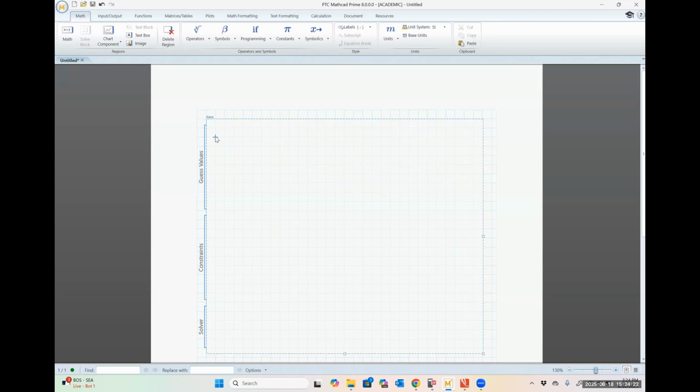So I'm just going to type in V, and then because I like my things to look neat, I'm going to do control underscore to give me a subscript, and now A. And then I'm going to press shift and then the colon key. And that brings us to our first of 3 different equal signs that MathCAD uses. So this is effectively just assigning a value to this particular variable.